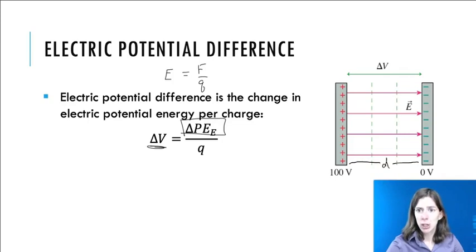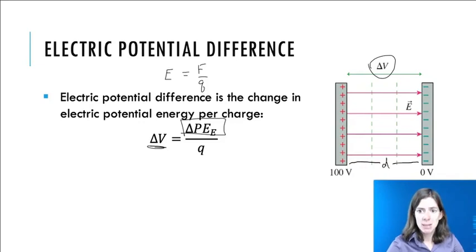Let's look at this picture to help us out here. The same two plates that I love to draw. The positive plate here is just arbitrarily labeled as 100 volts and the negative plate 0 volts. We know that the electric field points towards a lower potential. So what we're going to say now is that there is a potential difference, a delta V, between these 2 points because they are at different potentials.